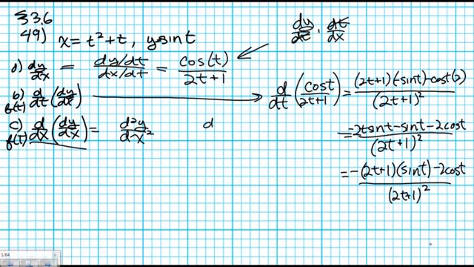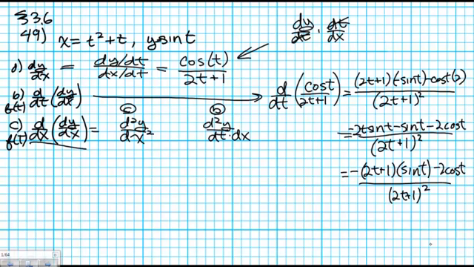The thing that we found in part B is d/dt of dy/dx. So here's what we want to find in part C. Here is what we've already found in part B. How different are they? This one has a dt, and we don't want a dt. This one has one dx, and we want two dx's.